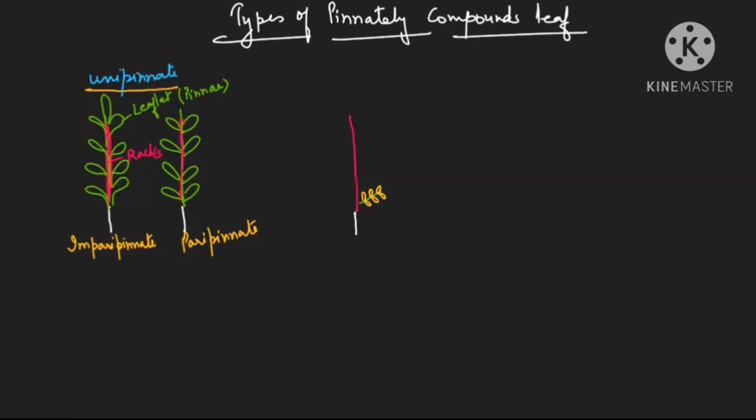Understood, beta? This was actually one pinna, and now this pinna is again going for dissection, means further incision, and as a result it is becoming the next leaflet, and this leaflet is now known as pinnule.